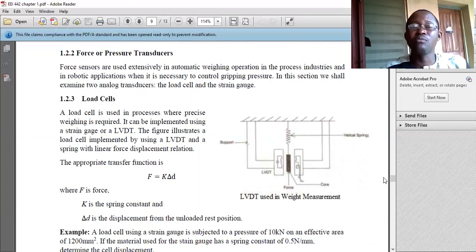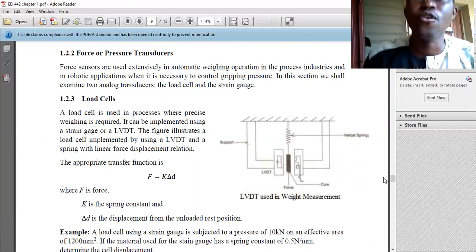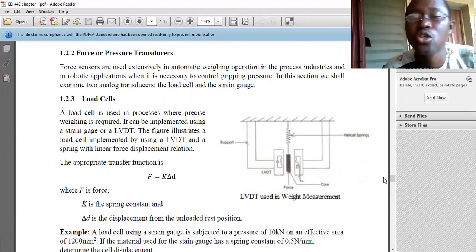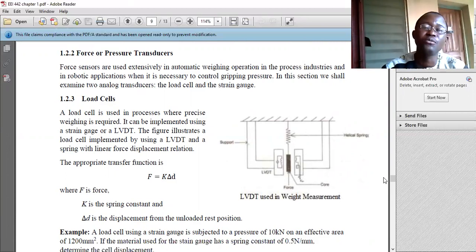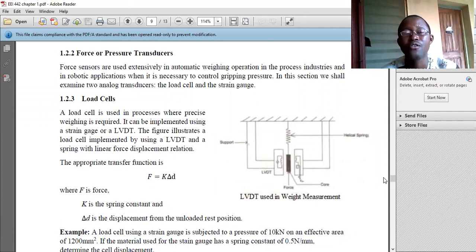Let me give you a typical example of application of a force or pressure transducer. Some industries deal with buying quantities of certain material. For instance, you see some large trucks that carry granite stones around.